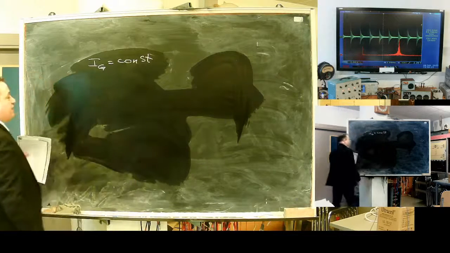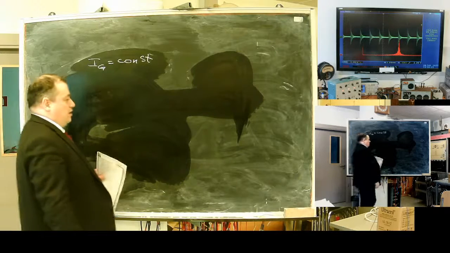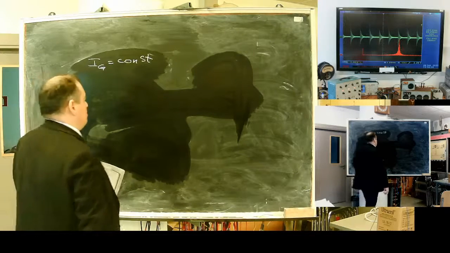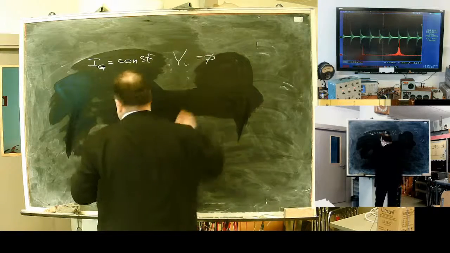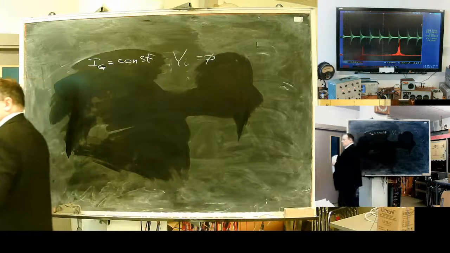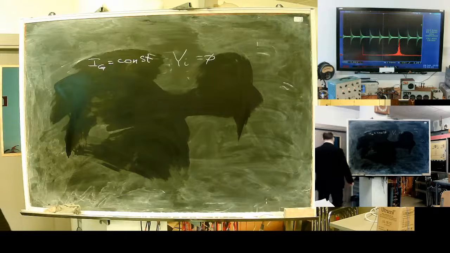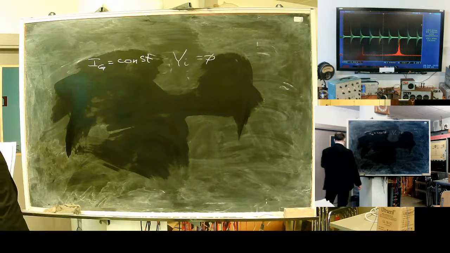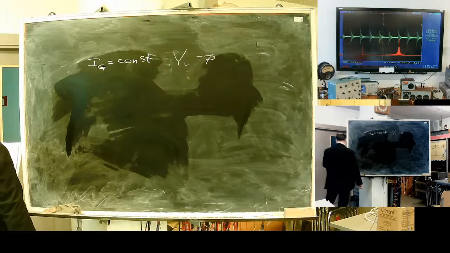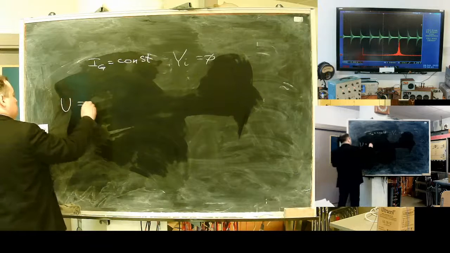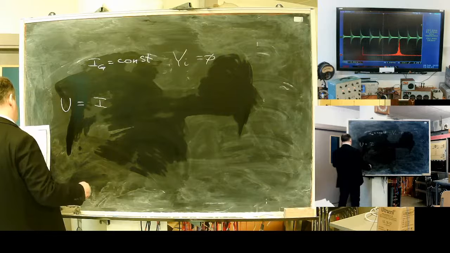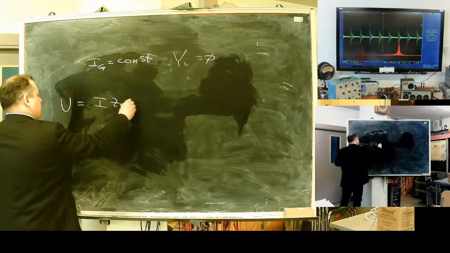Let's assume we have an ideal generator, meaning the generator internal conductance is zero. In such a case, the voltage will be generator current times ZAB input.